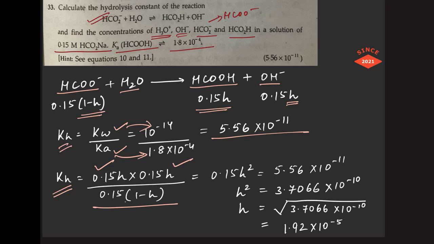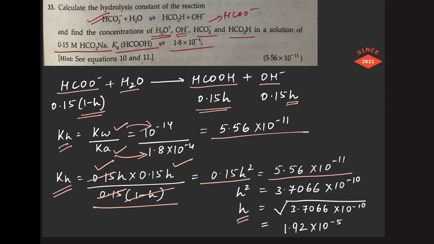Now in the denominator we will neglect 1 minus H, and 0.15 and 0.15 will cancel, and this becomes 0.15 H square, which is equal to the value of Kh, which is 5.56 into 10 to the power minus 11. From this, the value of H can be obtained.